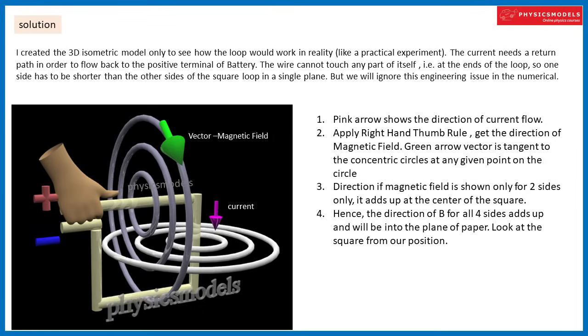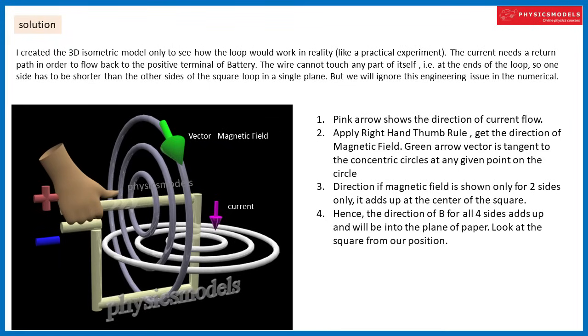So in this sketch, the pink arrow which accompanies the right hand rule is flowing all around the wire. I have taken a clockwise direction, and the moment it flows on the top wire, as you can see, it sets up the concentric circles, and that constitutes the magnetic field.